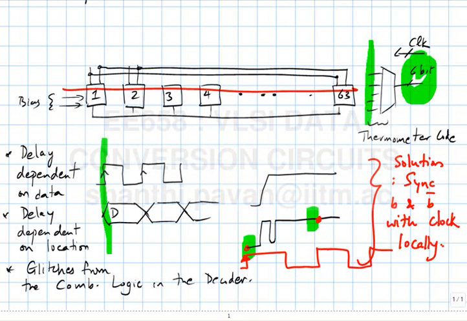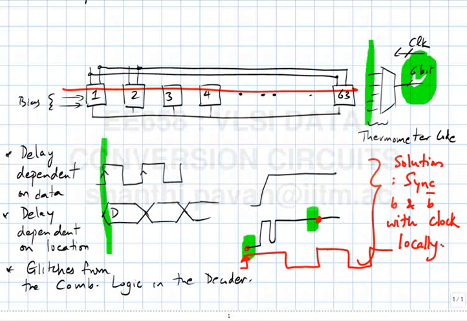But there still remains one problem. What is that problem? There is definitely bound to be clock skew from cell 1 to cell 63, and this is going to get worse and worse. If you have more current sources, this is going to become a pain.